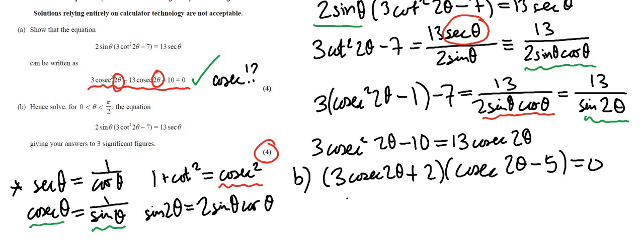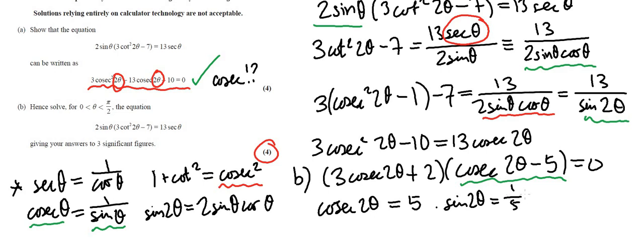Okay, so to get my solution, I get that cosec 2 theta must be equal to 5. Okay, and if cosec 2 theta is equal to 5, that means that sine 2 theta is 1 over 5, because this is just reciprocal.